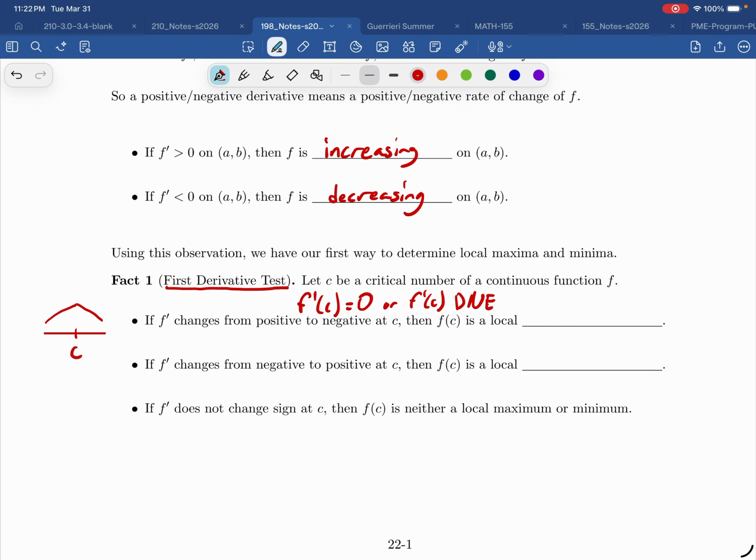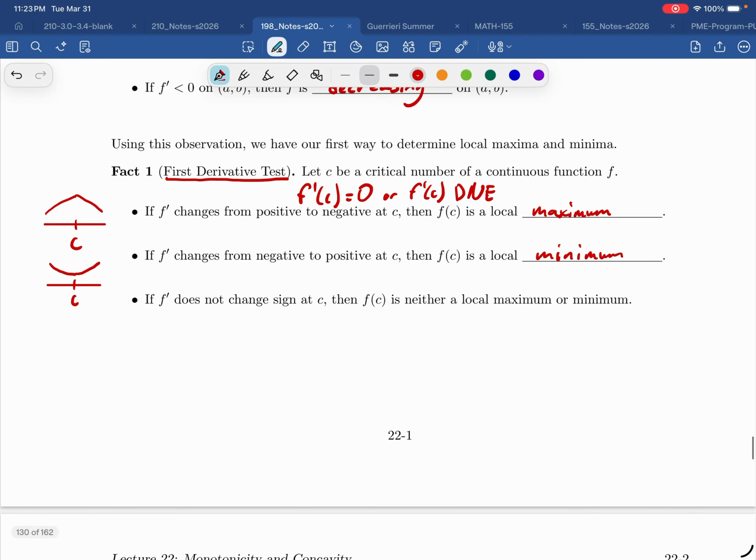We have to have a local maximum at c. In other words, f of c is a local maximum. If the opposite happens, if we're decreasing before c and then increasing afterwards, well then we've got to have a local minimum at c. So f of c is a local minimum.